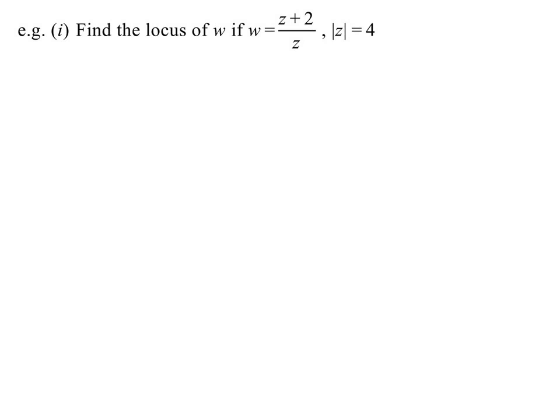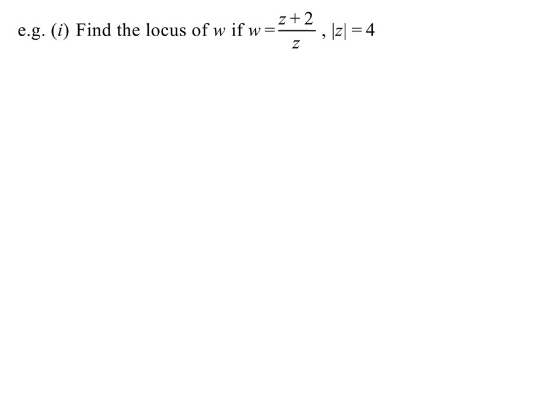Remember, our Argand diagram we're using to represent actually a single number, but we're using 2 dimensions to represent that single number because it's got a real part and an imaginary part. So that's what I'm substituting in, but I'm going to get out another complex number which will also have 2 parts. I now have 4 pieces of information to plot. Well, how do you do that in 3 dimensions? You can't. You need 4 dimensions to do that.